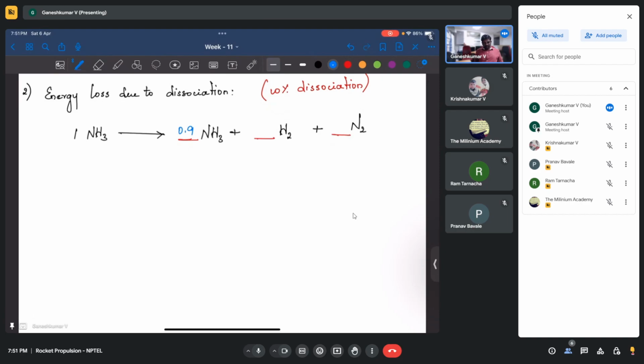You can simply balance the equation. We know 1 mole of NH3, if it dissociates, is going to produce half a mole of N2 and 3 by 2 moles of H2.